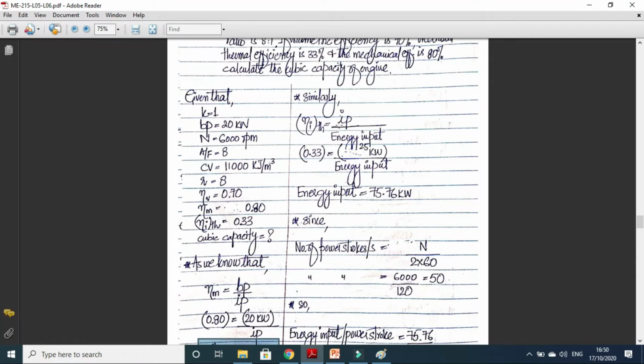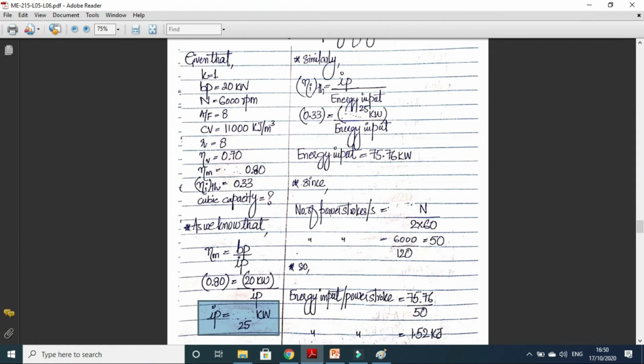Now, when you know the indicated power and indicated thermal efficiency, you can determine the energy input, which is obtained by burning the fuel. It is coming out to be 75.76 kilowatt, or 75.76 kilojoule per second. This is the energy released per second by burning fuel.